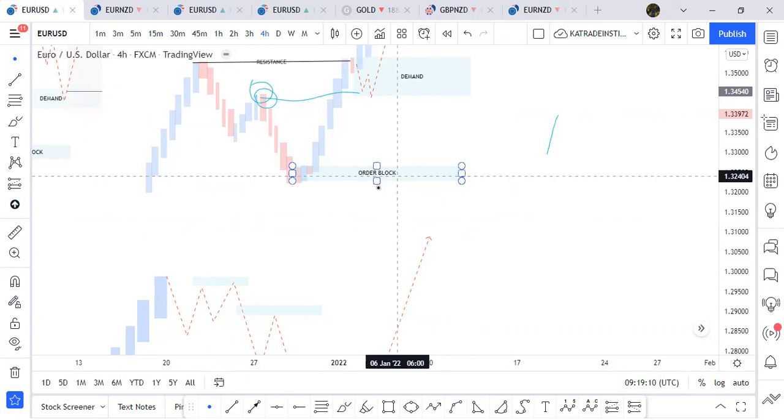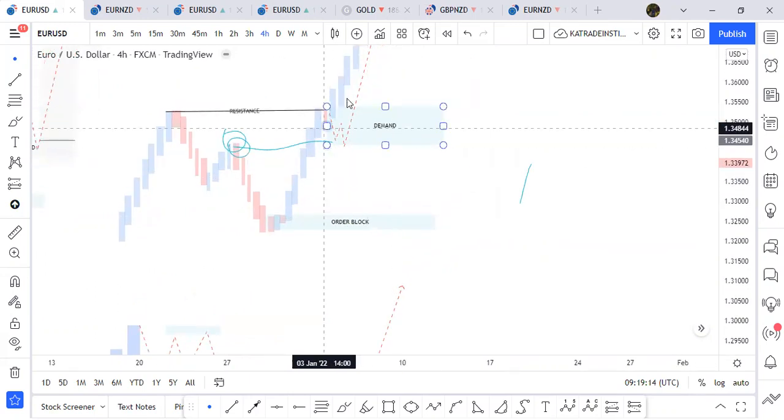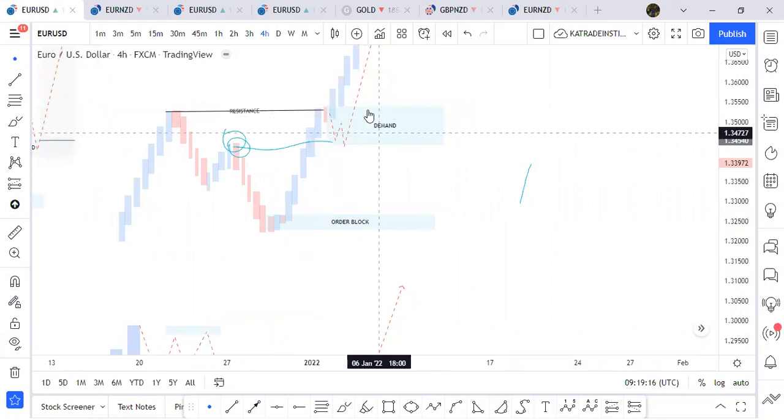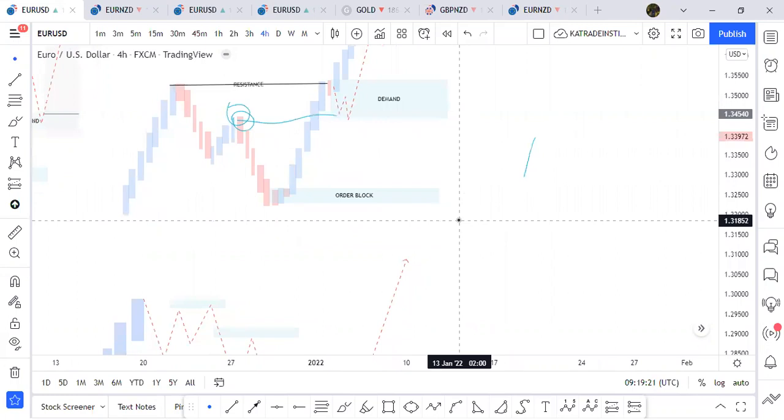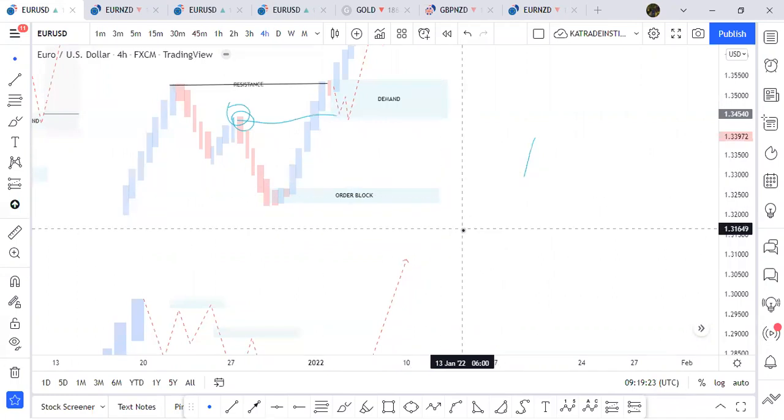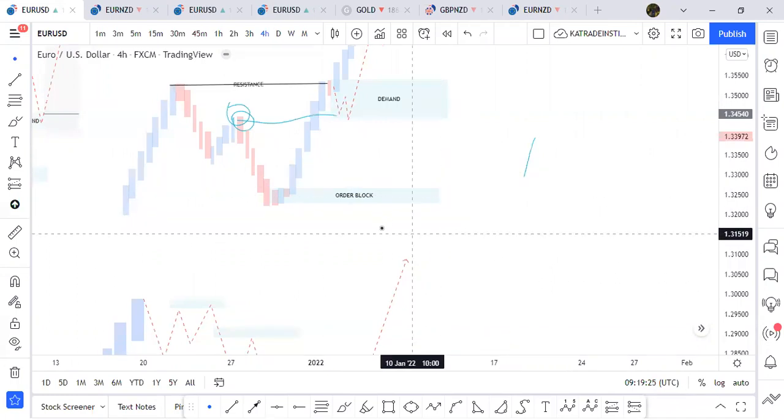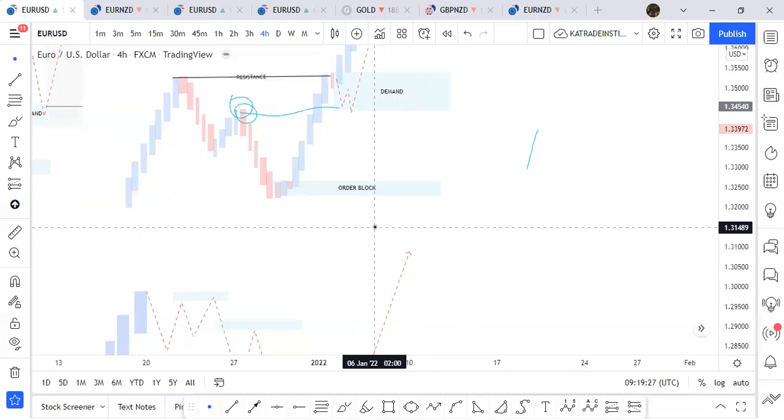The reason why we wait for a structure to form around this area is because since we have broken out from this demand area, price can reverse and continue falling to the downside. That's why I said you must always follow the movement of the market, not what you think.